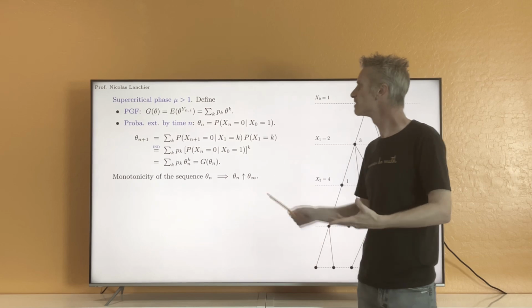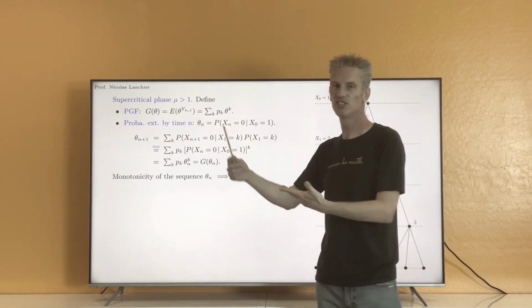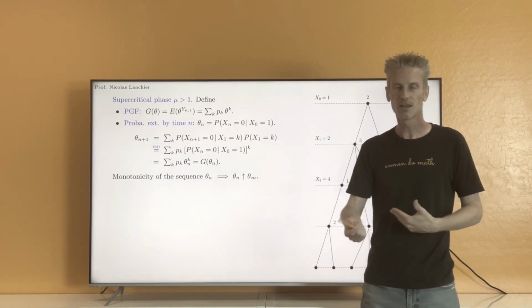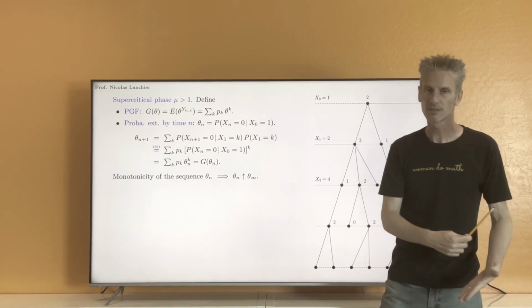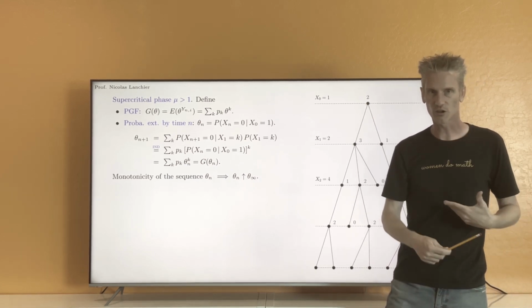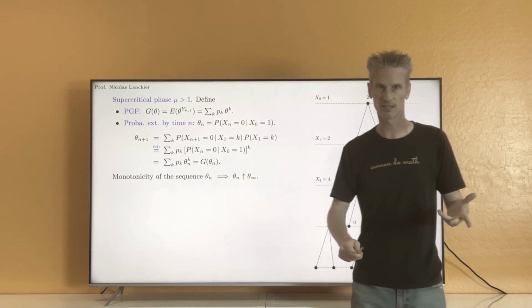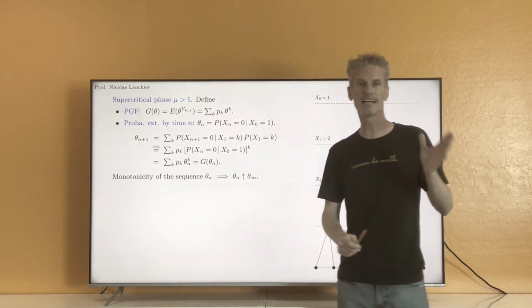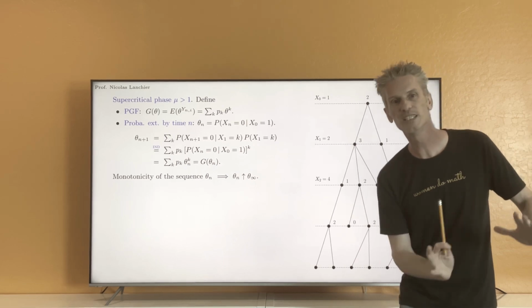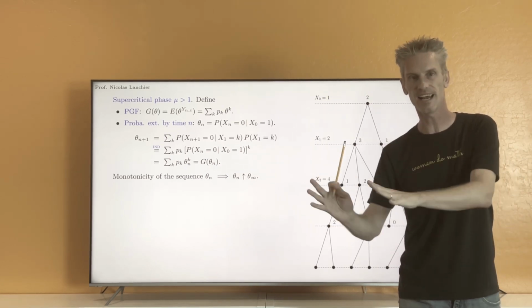To do this, it's just a problem of exchanging limit and probability, which we can do by the monotone convergence theorem, because we just proved that this sequence of events is monotone. The event that xn equals 0 is going to be an increasing sequence in n.